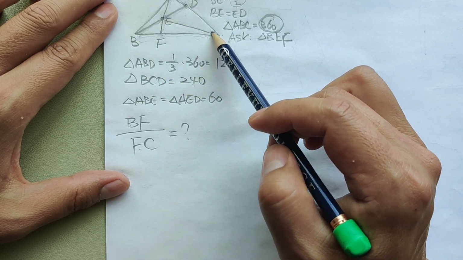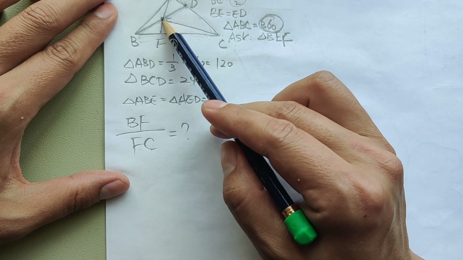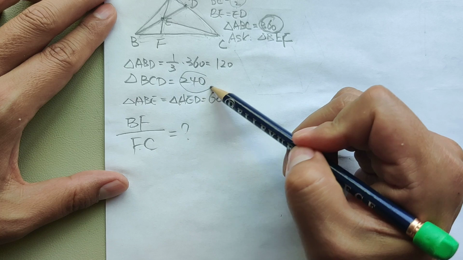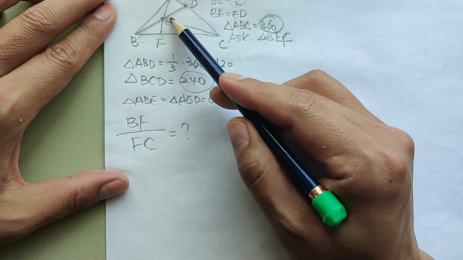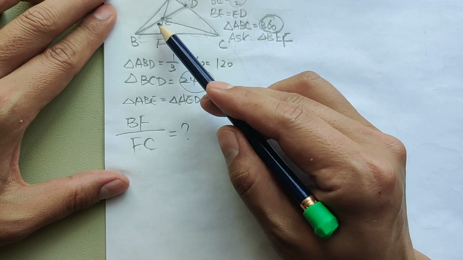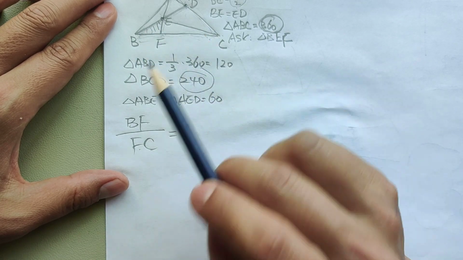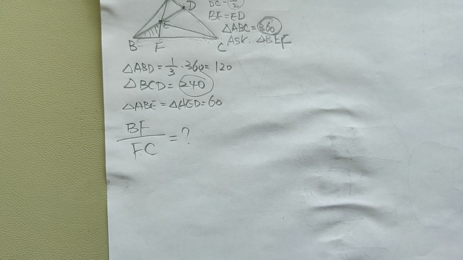So I know this is 120, and BEC is also 120. They both are half of the 240 here. So I know a little bit more here, right? All these things are here, but my key thing is here. So I want to know BF to FC.